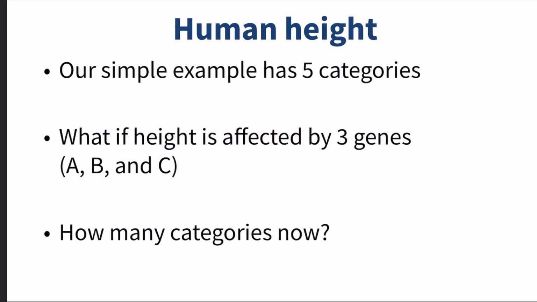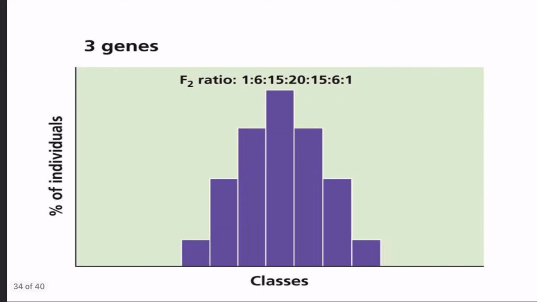Our simple example of using only 2 genes has 5 different categories of height. But what if height is actually affected by 3 genes, A, B, and C? How many categories would we have now? You would see something like this. So you'd have 1, 2, 3, 4, 5, 6, 7. 7 categories. And again, notice it makes a bell curve.